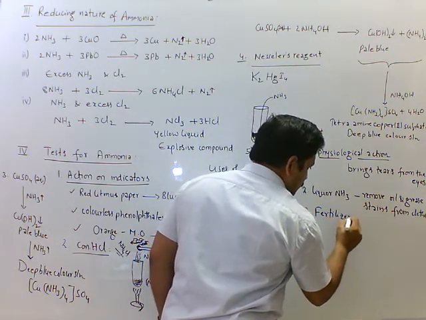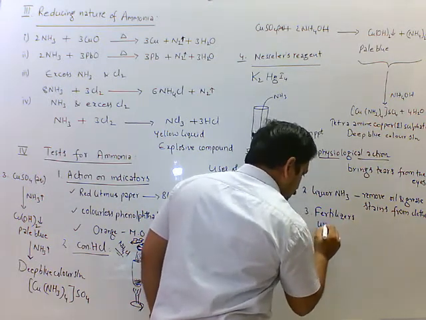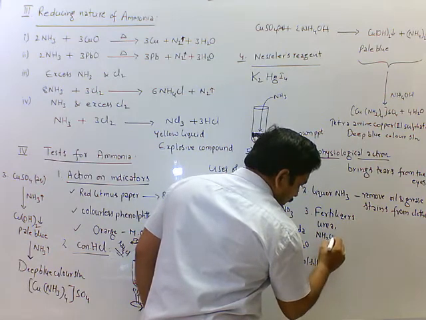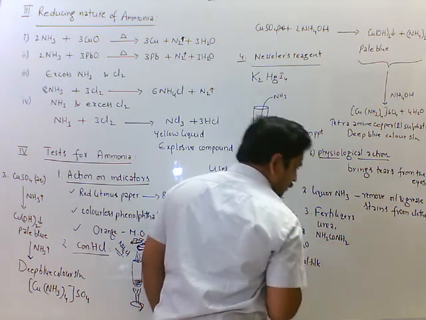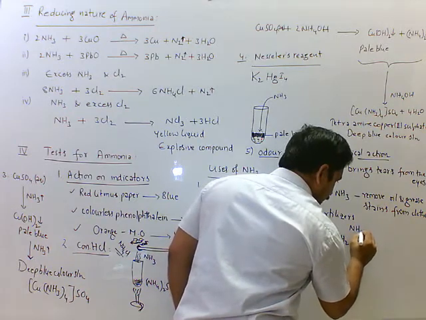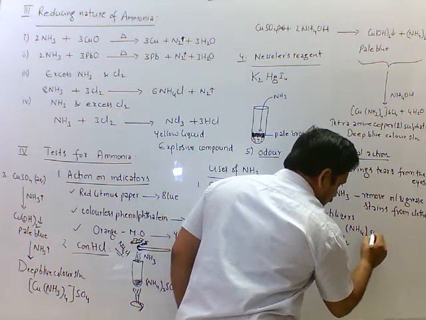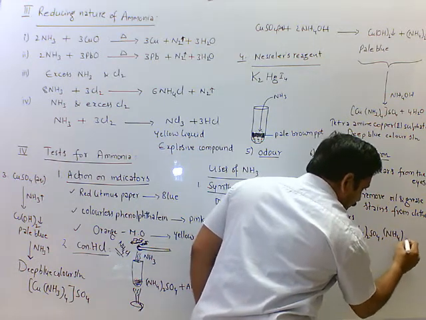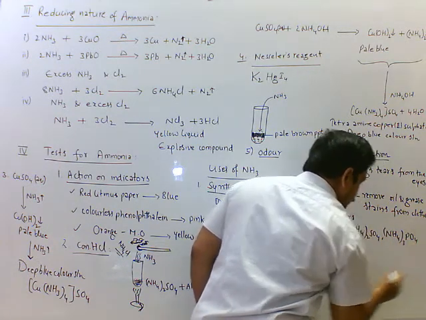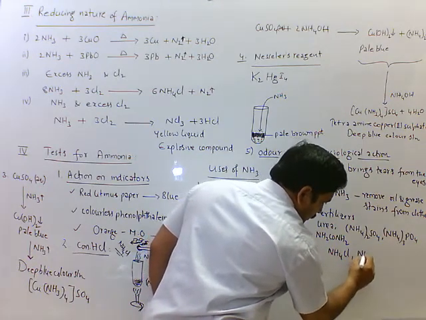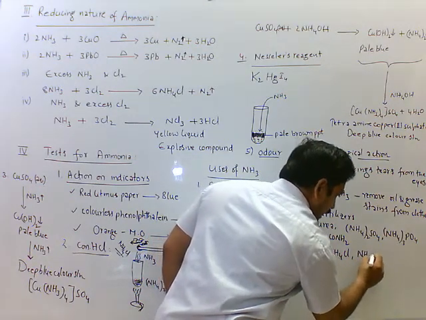Fertilizers: urea, NH2CONH2, urea it is. Ammonium sulfate, (NH4)2SO4. Ammonium phosphate, ammonium chloride, ammonium nitrate.